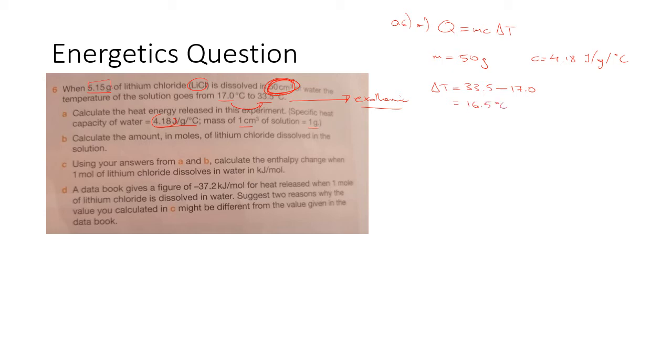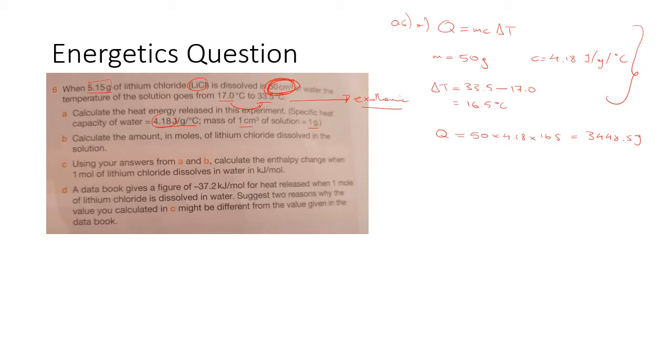And to compute Q, we multiply all these values together, so what we're doing is 50 times 4.18 times 16.5, which gives us 3,448.5 joules.